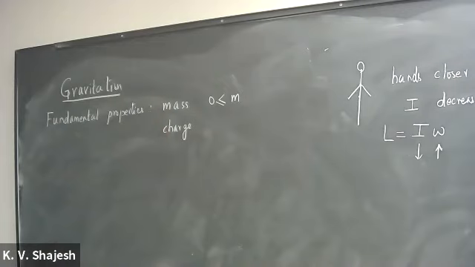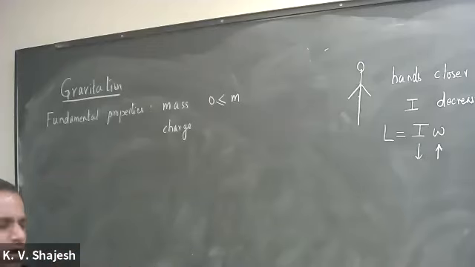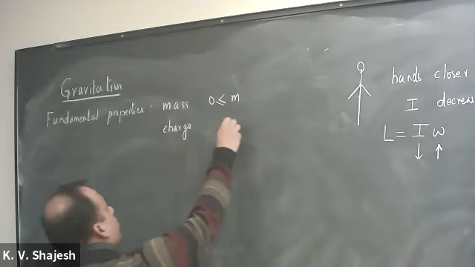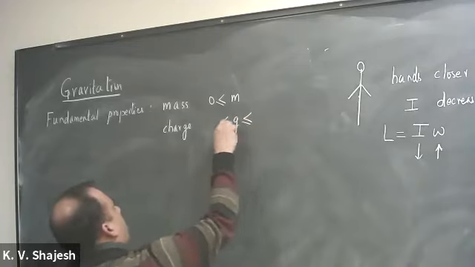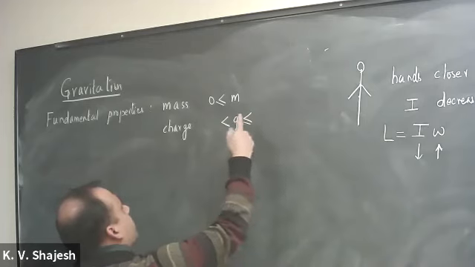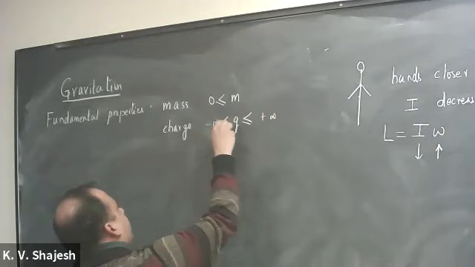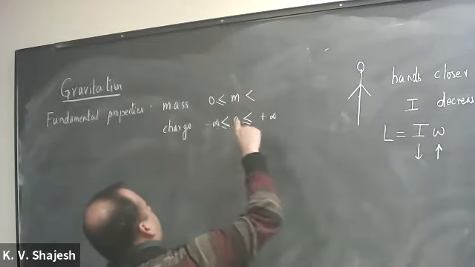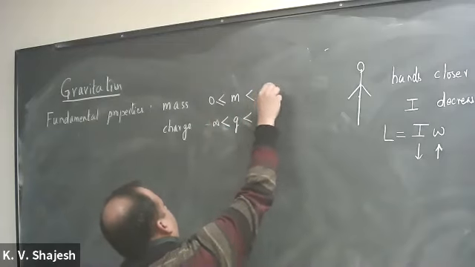You've probably already seen that an electron has a negative charge and a proton has a positive charge. Q can range from minus infinity to plus infinity in principle.